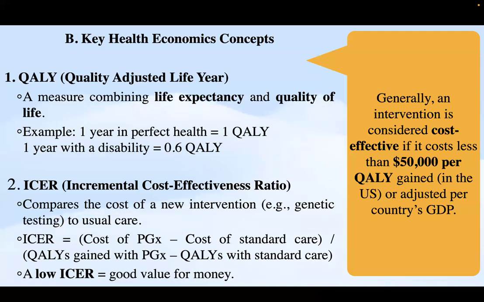But ultimately understand that the quality adjusted life year and the incremental cost effectiveness ratio show what should ideally be done, whether you go for the test or not. Generally an intervention is considered cost effective if it costs less than $50,000 per QALY. This is overall in the United States, or adjusted per country's GDP.